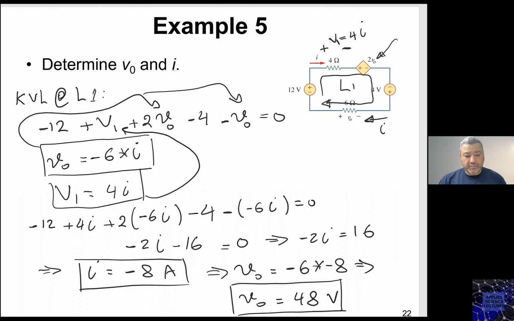So the current was going in the opposite direction. This clockwise direction is the positive direction of KVL. Okay. This is the current. This is the positive direction of KVL.